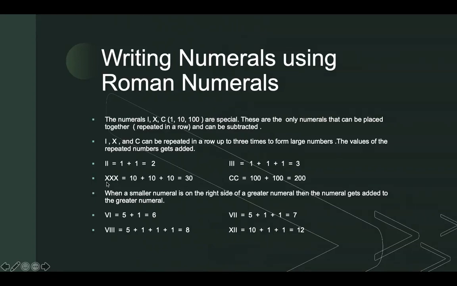How to get the value of this Roman numeral? X is written 3 times here. As you know, the value of X is 10, so we add 10 three times and we get 30.